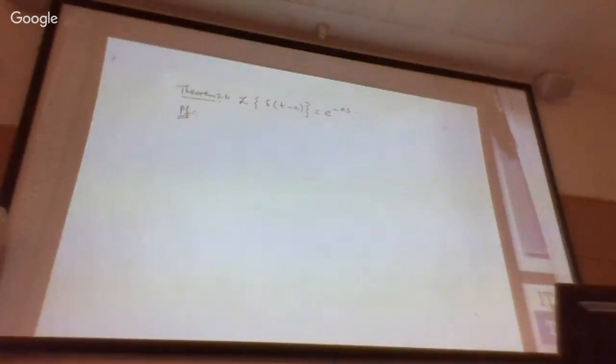Remember, this Dirac delta function is a bit funny. It's not really, strictly speaking, a function. It's more something you term a distribution. It's something that you integrate. It's an integral 1.